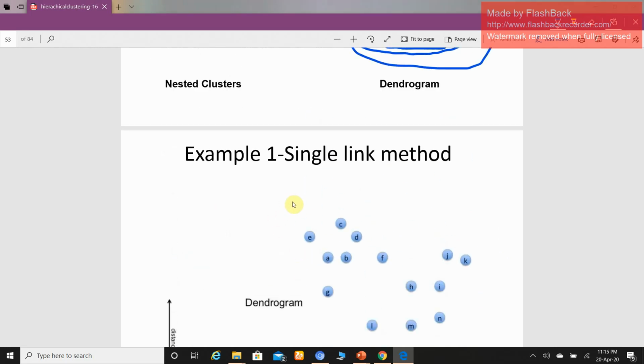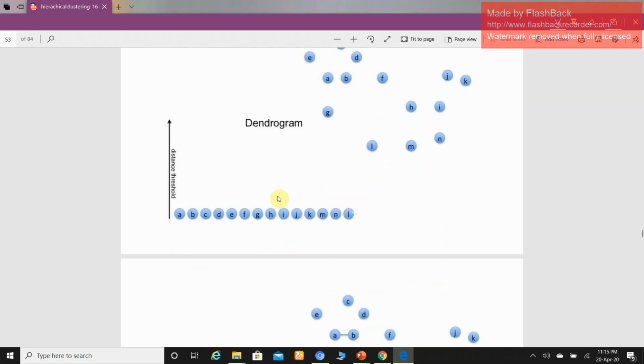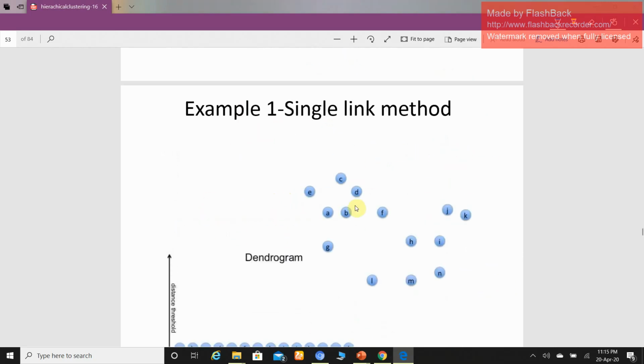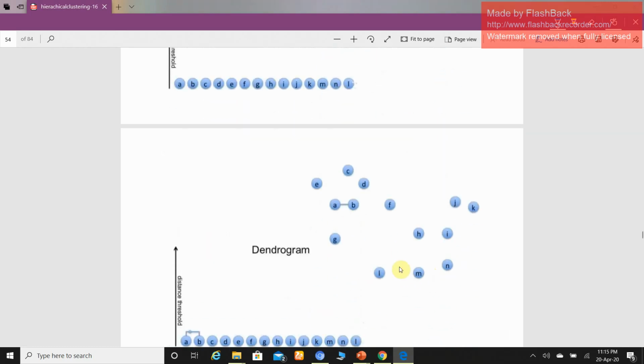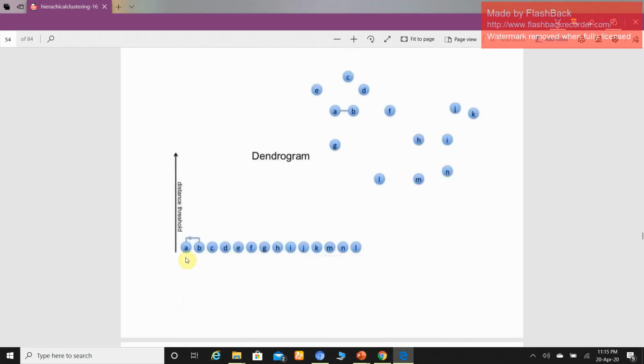This is another example, single link method. This is the dendrogram, clustering points in the XY plane. Based on this dendrogram, A and B are in one cluster.